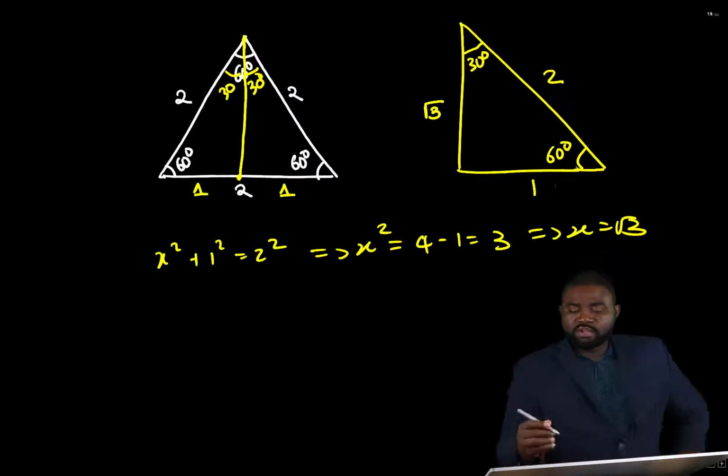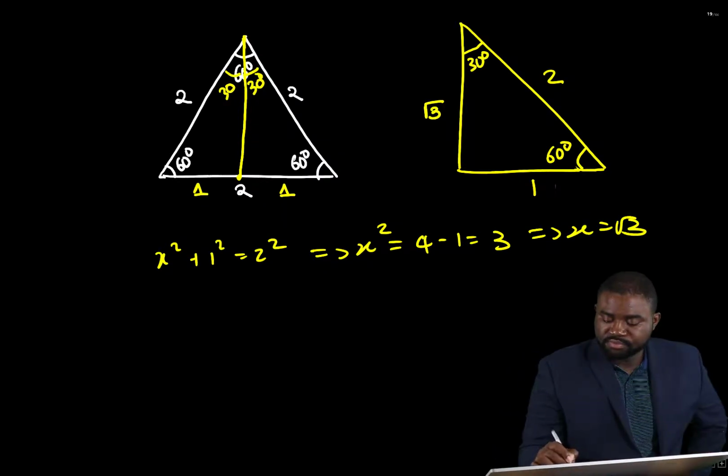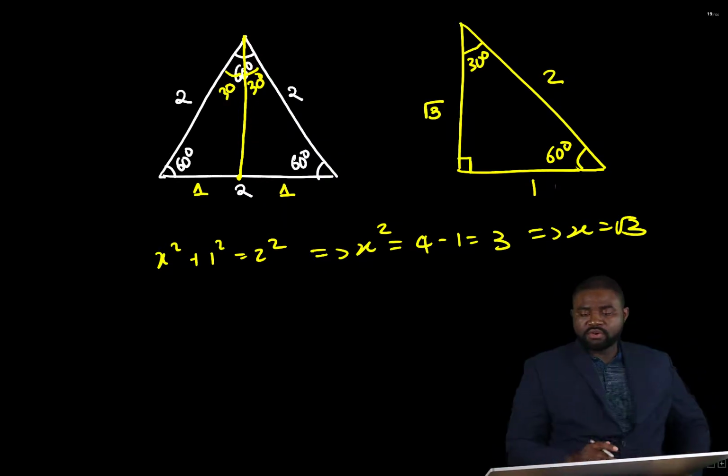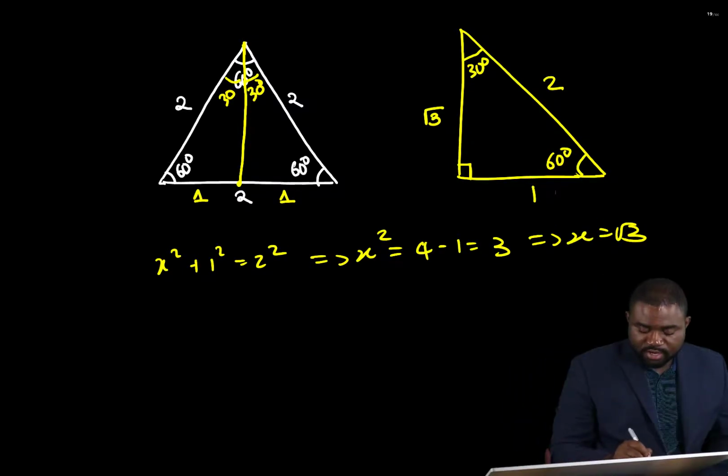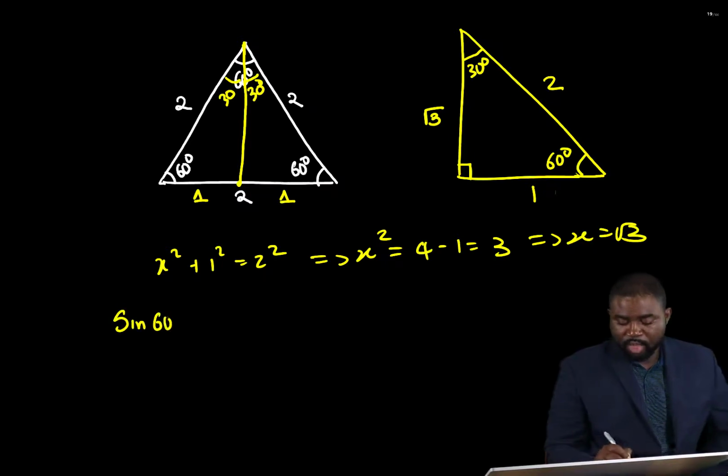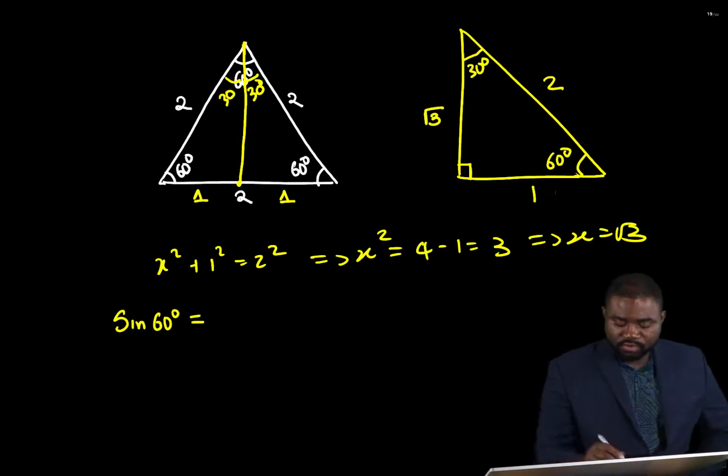Now we have another special triangle. If you look at it carefully, you will see that the sine of 60 degrees will be equal to the opposite, which is root 3, divided by the hypotenuse, which is 2.